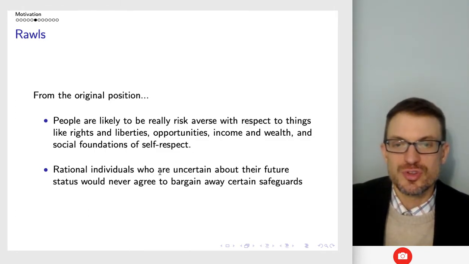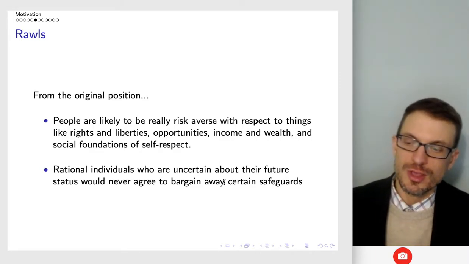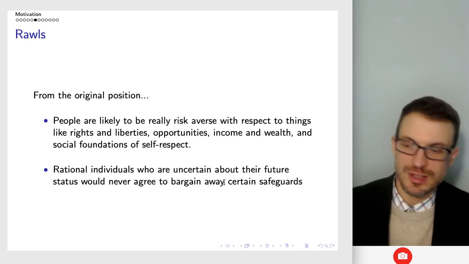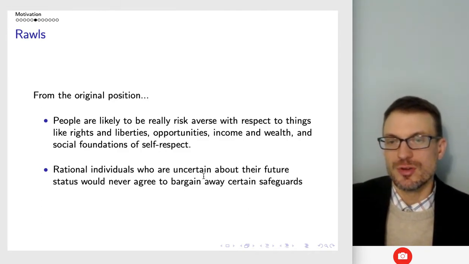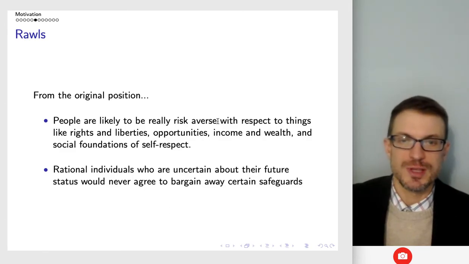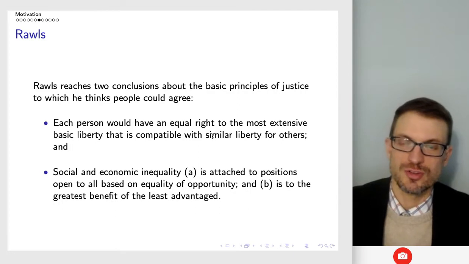Rational individuals who are uncertain about their own future would never agree to bargain away certain safeguards. Once you know who you're going to be, you feel very differently because you know something about your ability to succeed conditional on who you actually are. But if you don't know anything about yourself, you might be a lot more risk averse because of the chance that you could end up in a very different situation.